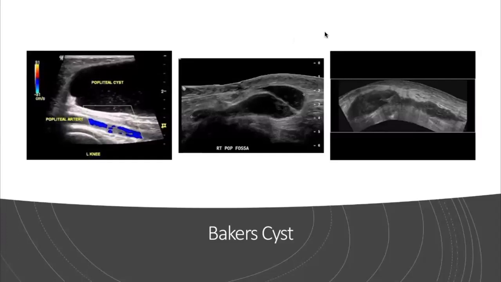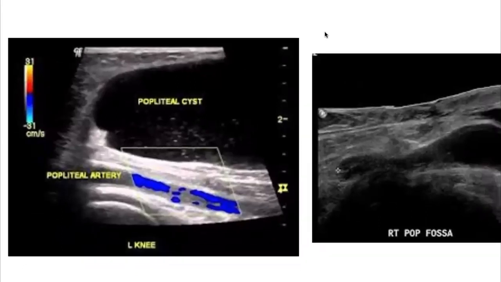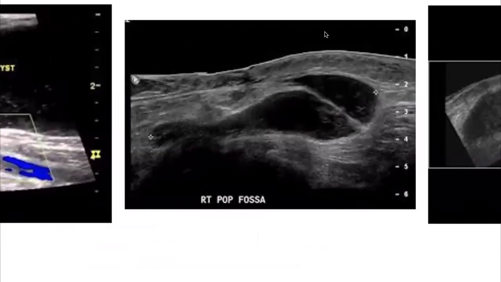It says these may be hemorrhagic or rupture, appearing complex on sonography. So they do tend to look a lot worse than they are. They usually are not clean cysts, so they're not completely anechoic. As you can see, this one has some debris at the bottom of it. They have really long, elongated, funny shapes.